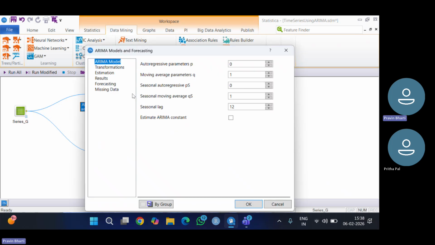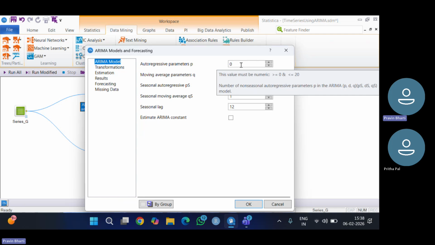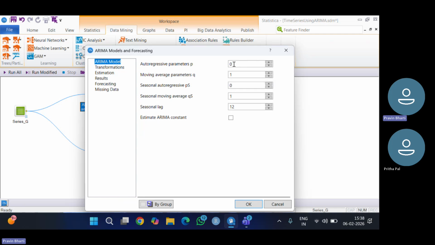By double clicking on the ARIMA node browser, we can see the parameter specifications for the ARIMA model. We can specify our parameter like the autoregressive parameter.